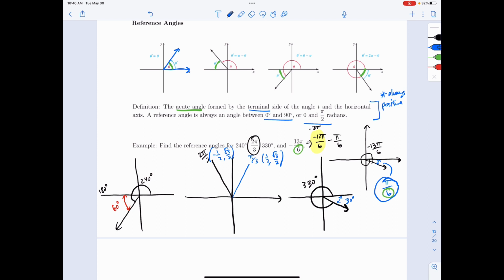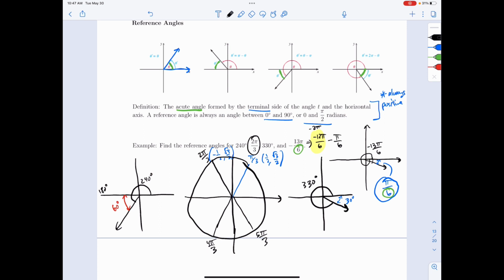Now if I go around the unit circle, there are 2 additional angles that have a reference angle of pi over 3. I could draw those angles. It's going to be down here and down here. Imagine that that's a circle. So the angle in quadrant 3 is 4 pi over 3 and then 5 pi over 3.